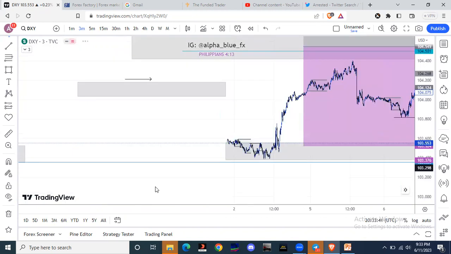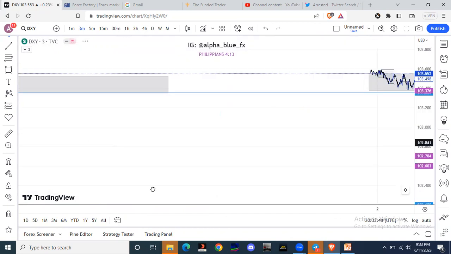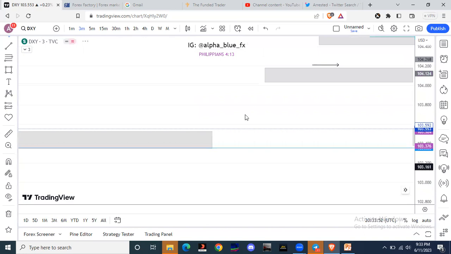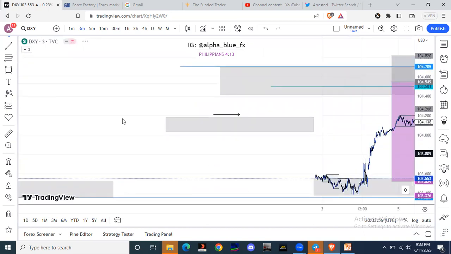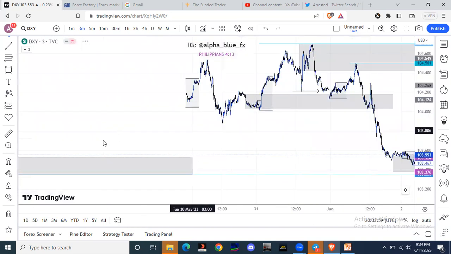Let's look for it. I guess we'll even do liquidity on this time frame so that we don't suffer from all of this loading. Just bear with me, guys, please. This usually doesn't happen to me. I wonder why it's today that this is happening.